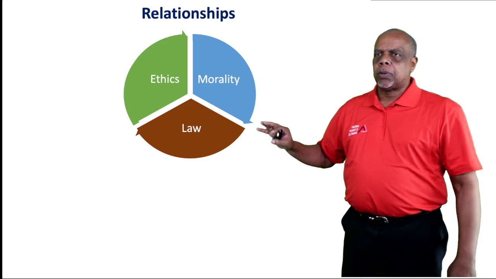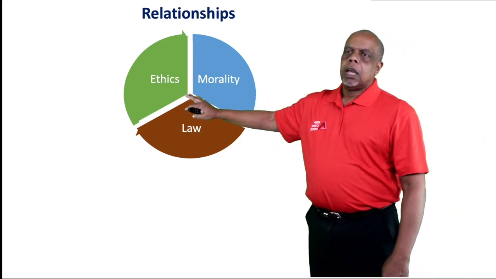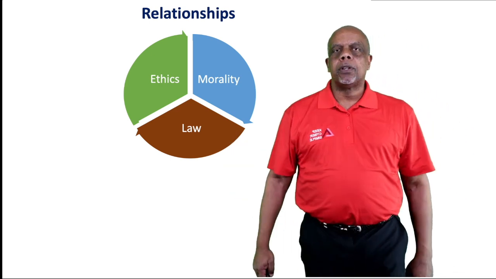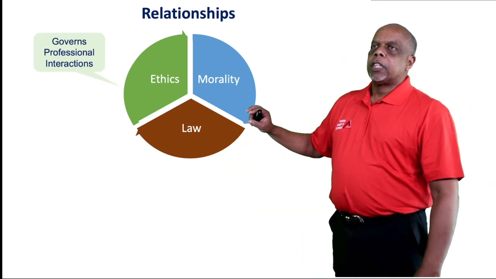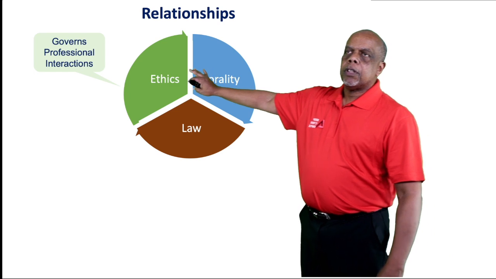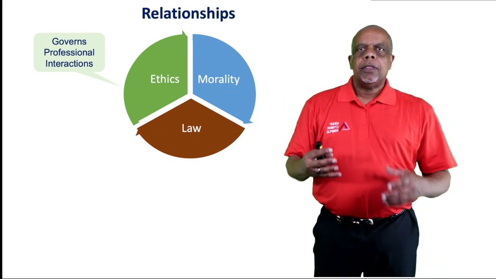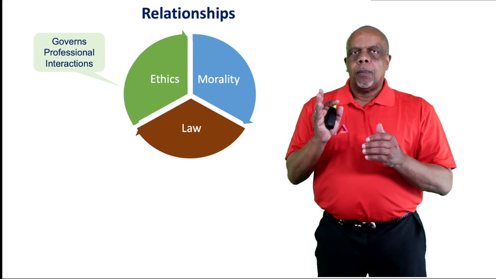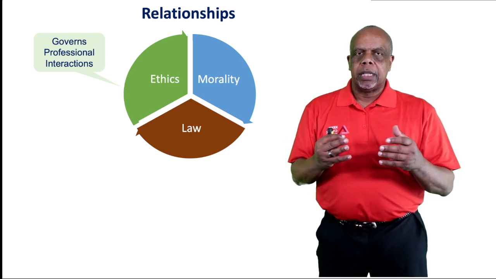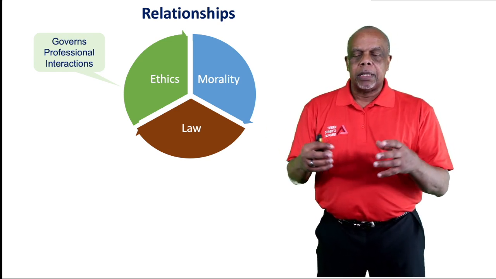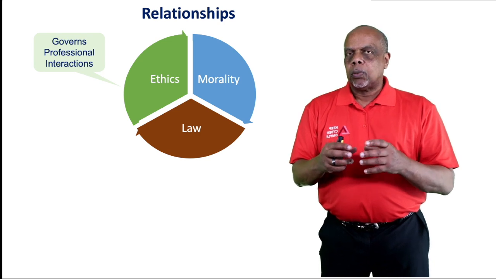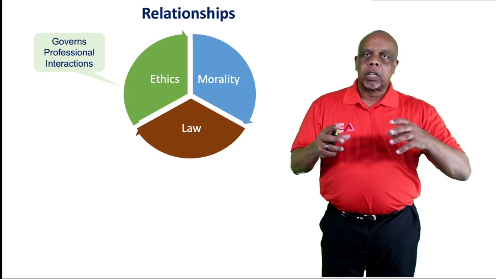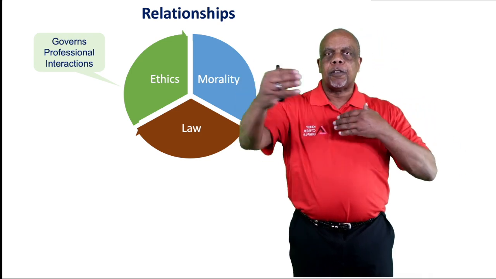Now let's look at the relationship between the three of these: ethics, morality, and law. Like I said, they're different, but they work together in any type of organization. So when we think about ethics, it governs professional interactions. Meaning, this is how we operate in a professional manner, whether it's from one employee to another, or two departments or agencies within a business, or how businesses operate together, or how a business operates with the federal government.